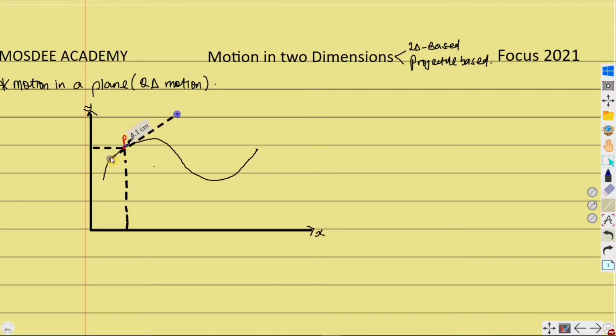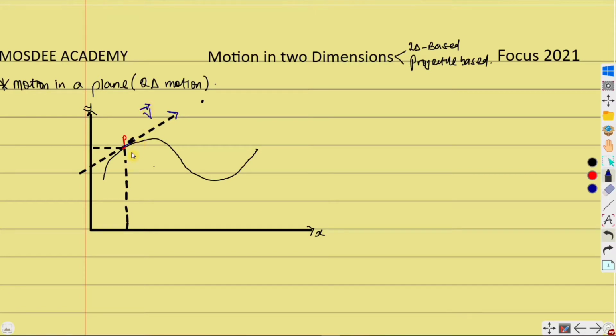Like I said, the diagram is not drawn to scale, just trying to bring out the best of the diagram that we can see. The movement of the body is tangential, so we can say the velocity of the body is moving in that direction. Velocity is a vector quantity, we say v vector.